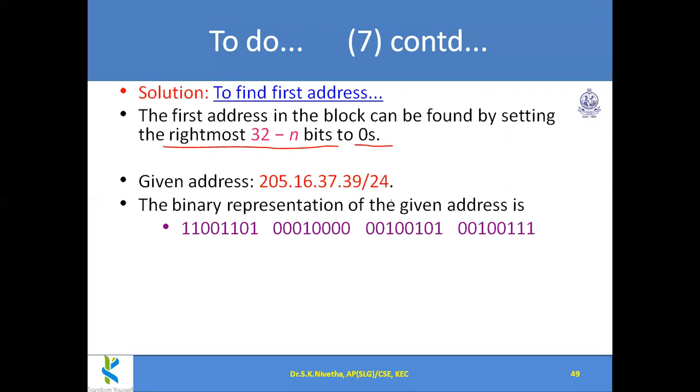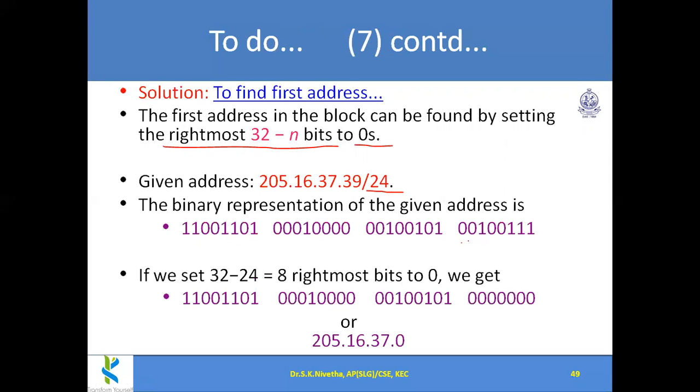What are they? 32 minus 24 is 8. So the 8 rightmost bits I am changing into 0. So I am getting 205.15.37.0. This part completely becomes 0. That is the first address of the block.